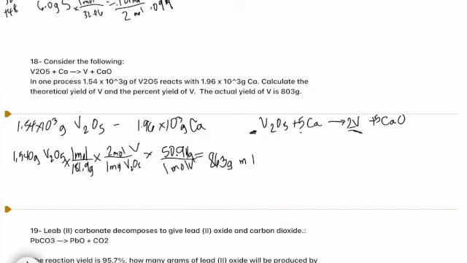So let's go ahead and multiply across and then divide. And we get that theoretically I could have constructed 863 grams of V in theory here, but it tells me that my actual is 803 grams, so my actual goes over my theoretical times 100, and it's going to give me the percent yield.